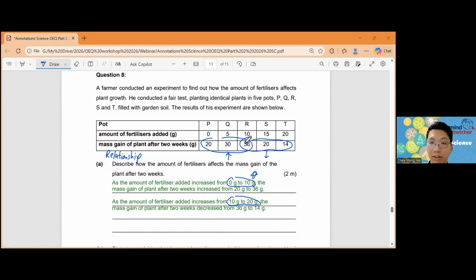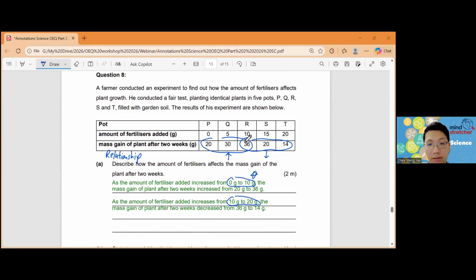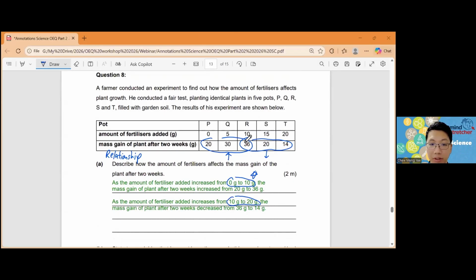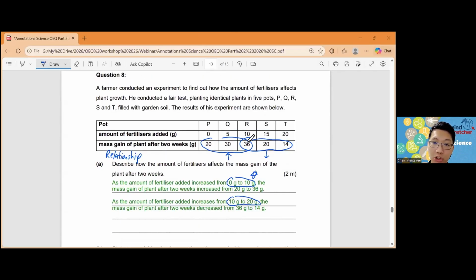Type of plant? Yes. Now, we try to write variables which have not been mentioned in the question. Type of plant may not be the best answer, and I would not recommend that because the question has mentioned they use identical plants.